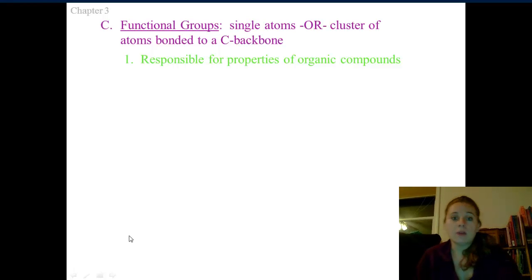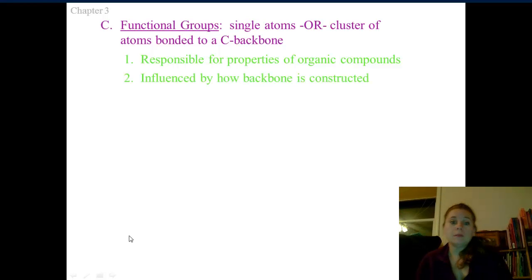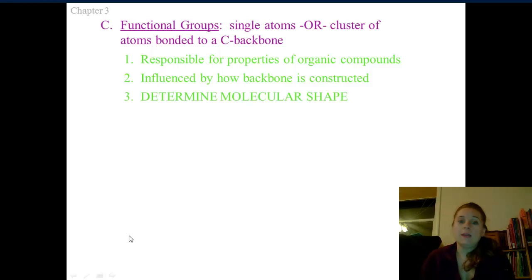So it is responsible for those properties, and it is a big important deal. It influences and is influenced by how the carbon backbone is constructed, and it helps with shape. I cannot stress this with you guys enough.